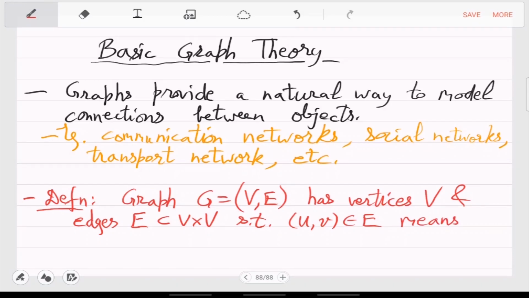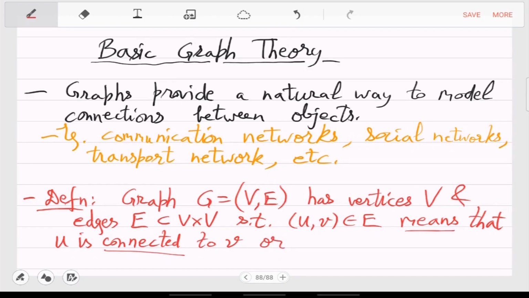u comma v means that u is connected to v, or v is adjacent to u. Okay, so these terms I am defining here in one go.